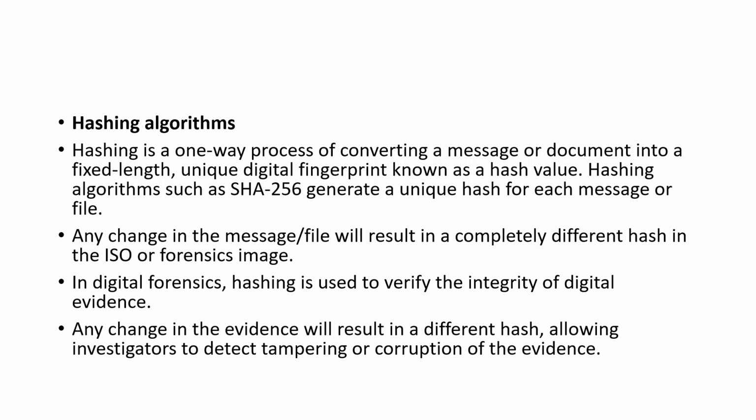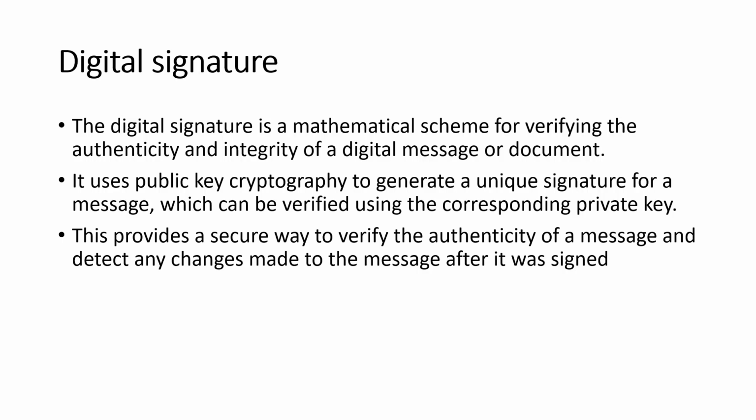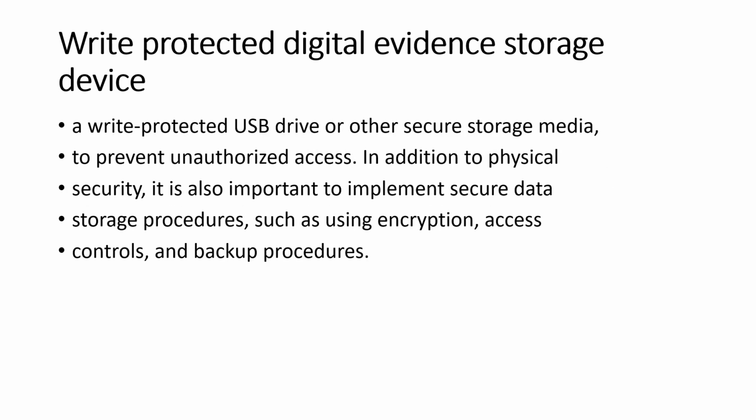SHA 256 is a 256-bit hash which is generated of fixed length from the original evidence or the image. Encryption mechanisms also can be done. You can encrypt the data so that it is not accessible to anyone else. Digital signatures for integrity and authenticity. Write blocking to prevent any sort of writing or any change in the data.